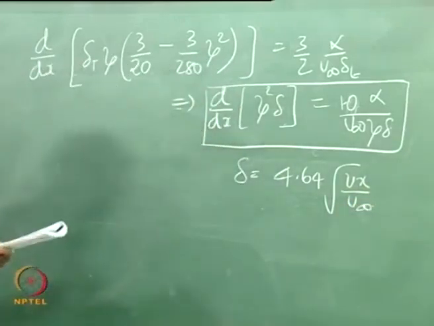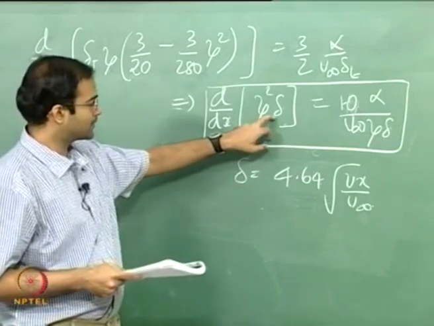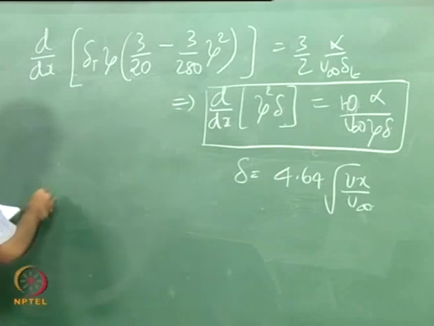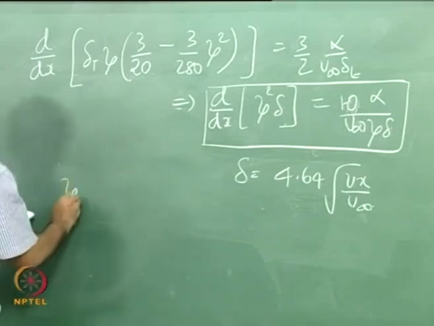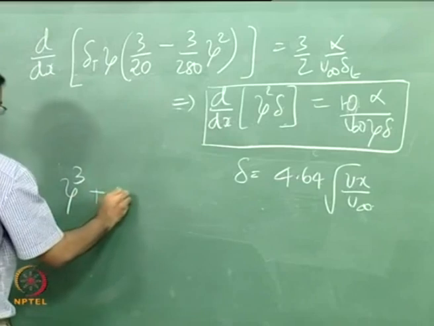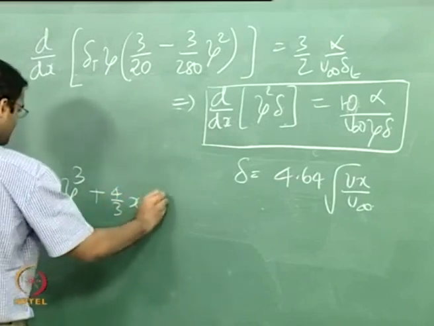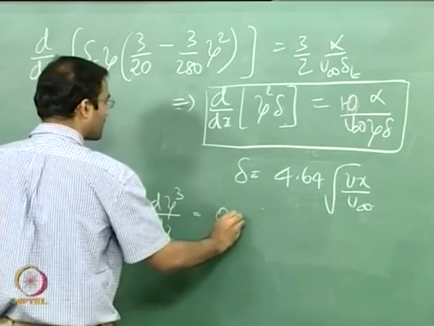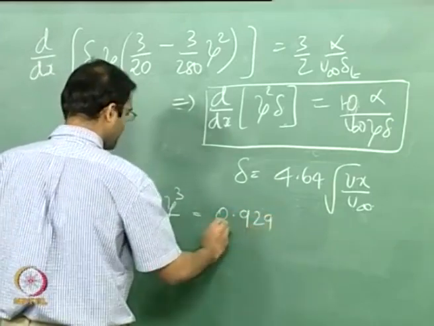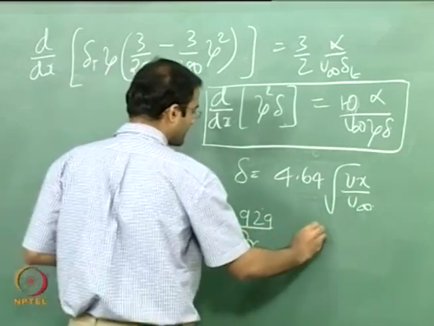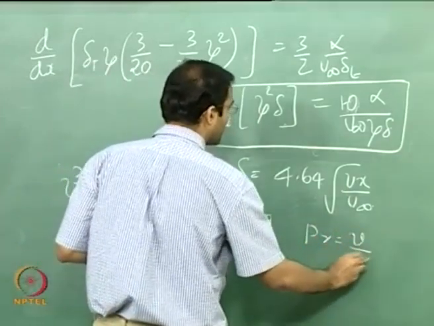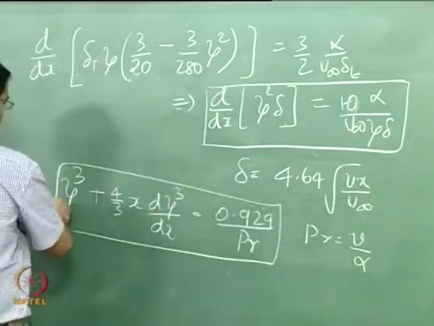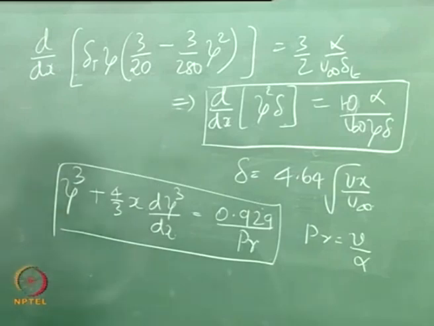Okay, so if I substitute this value of delta into this, and if I expand this particular ODE, so this will be zeta cube plus 4 by 3 x d zeta cube by dx. This should be equal to 0.929 by Prandtl number, where Prandtl number is equal to mu by alpha. This is what you will finally get as the ordinary differential equation.